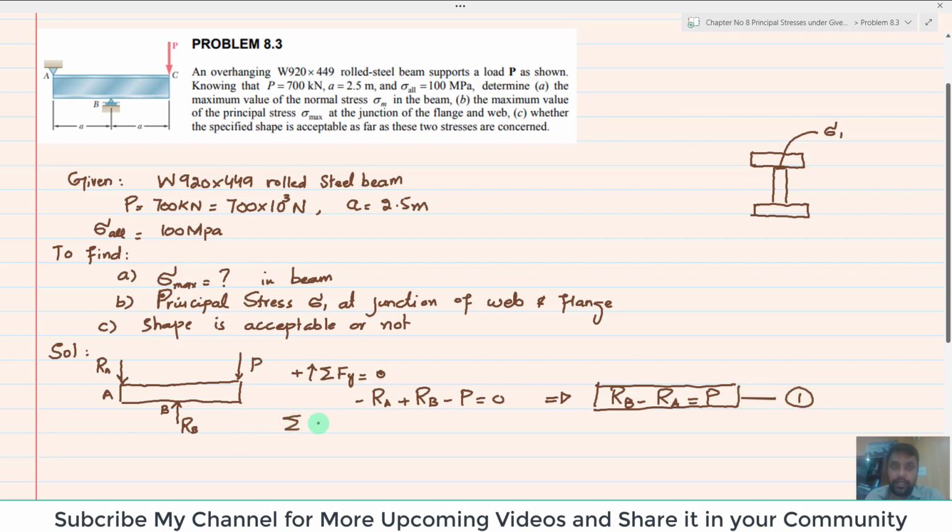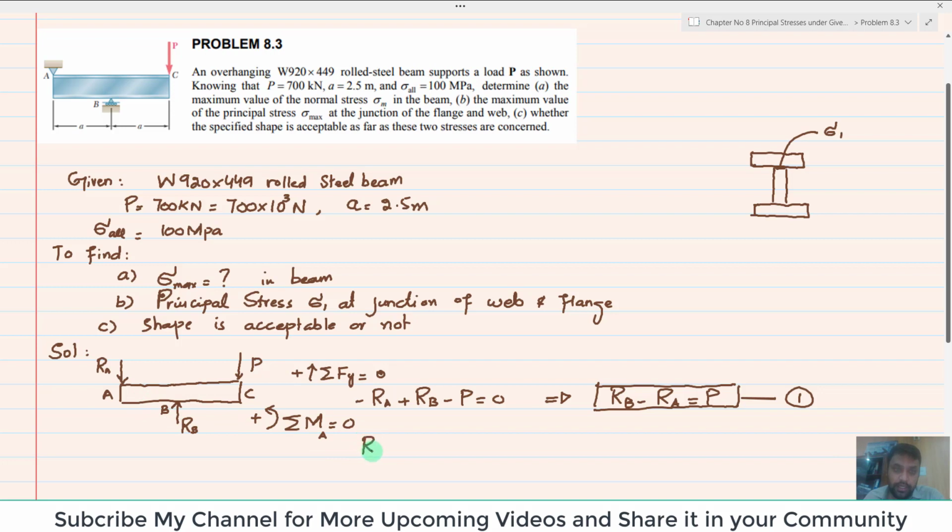Now we will apply sum of all moments about any point is equal to 0. You can decide the point. You can take point A or B or this point C as well. If I take the moment about point A equal to 0, you can see that the force producing moment is RB.